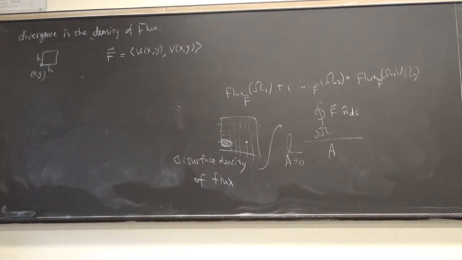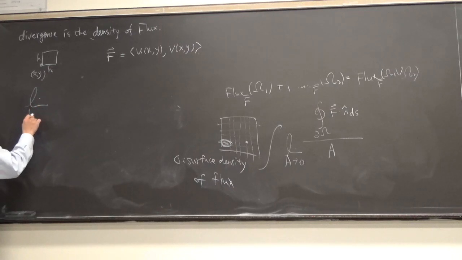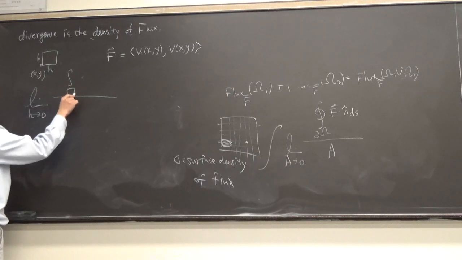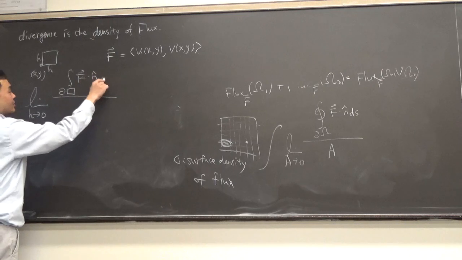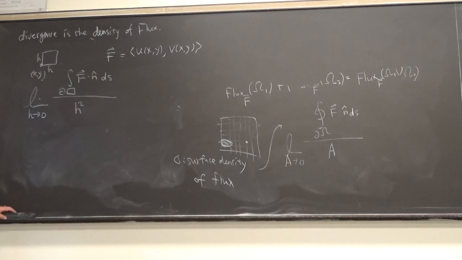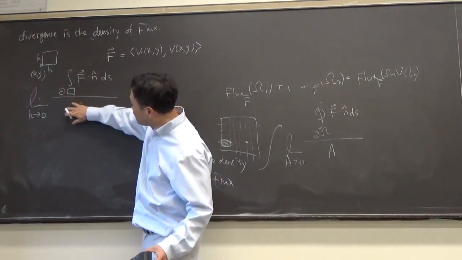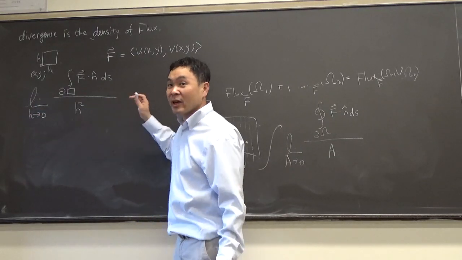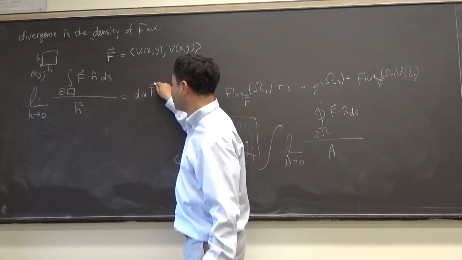I want to take the limit as h goes to 0 of the integral around the boundary of the box of F dot n ds, divided by h squared. And this quantity will end up being the divergence of F.